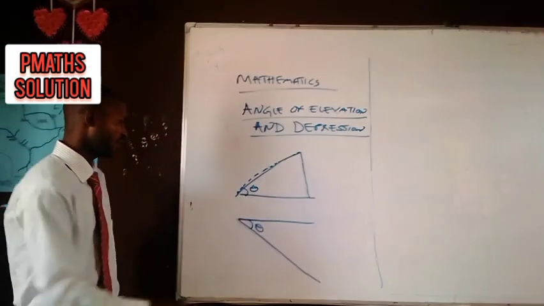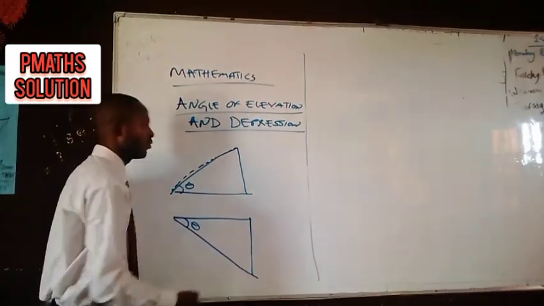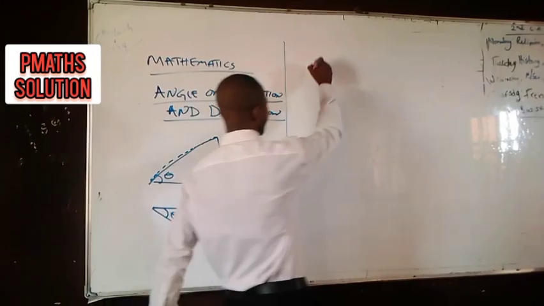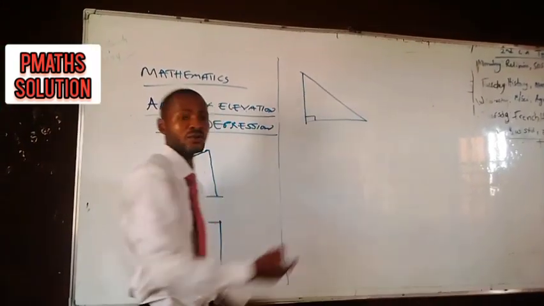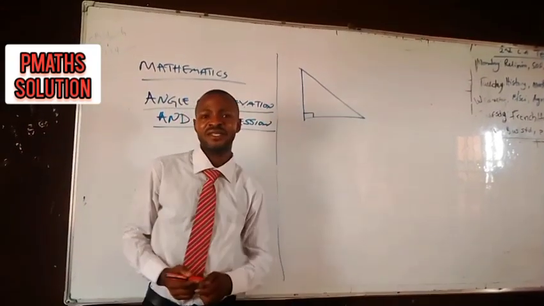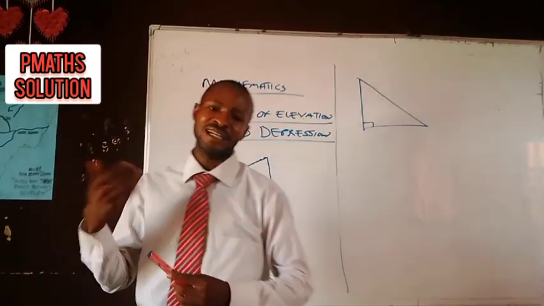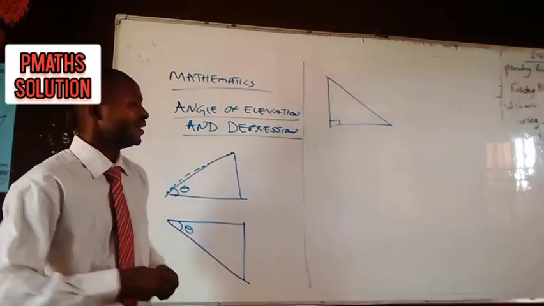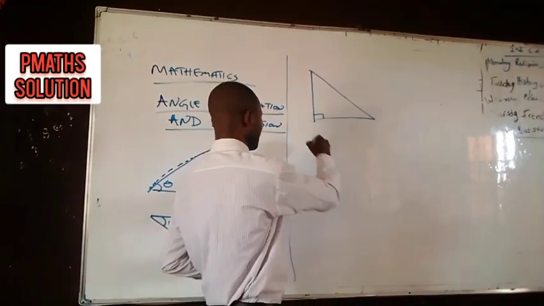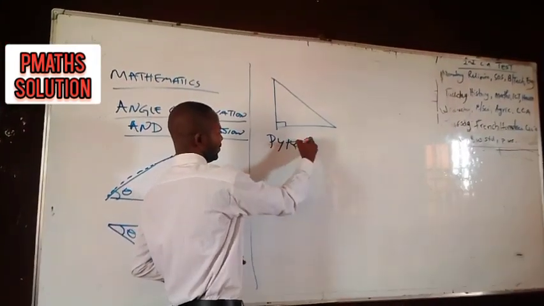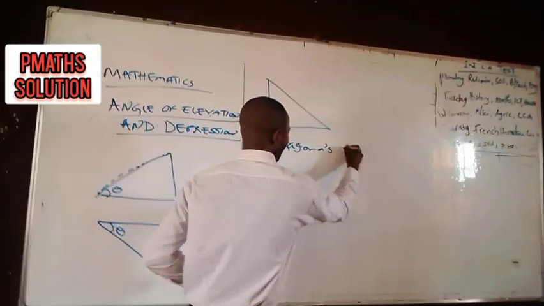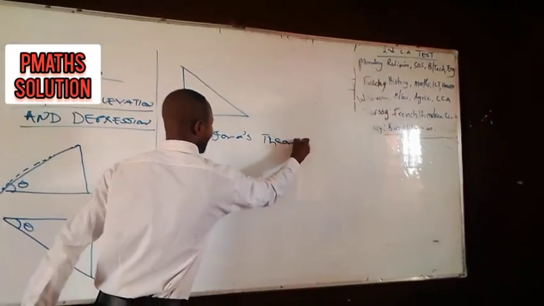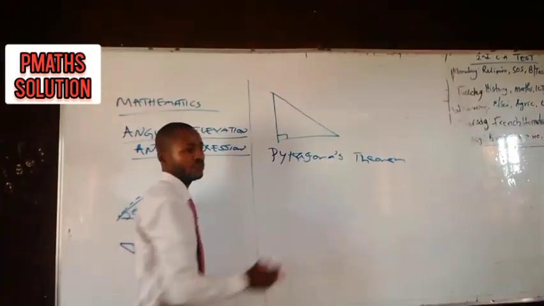So whichever way, one of them is going to lead us to what we call the right angle triangle. A right angle triangle is a special kind of triangle in which one of the three angles is 90 degrees. In solving any problem related to right angle triangle, you are either using the Pythagoras theorem for a problem that involves the three sides of the triangle.